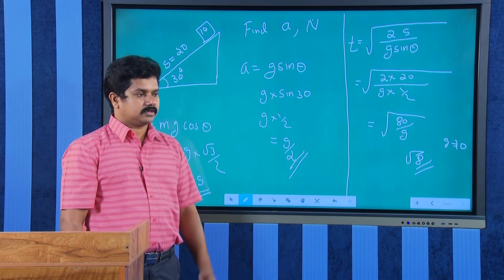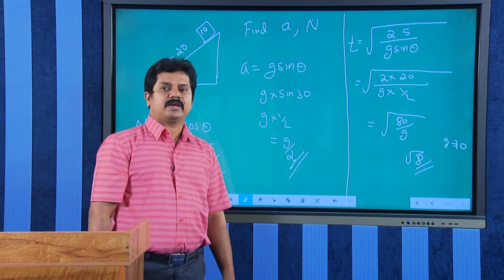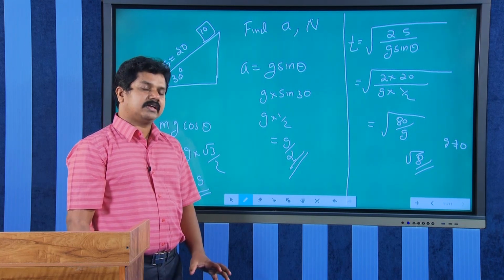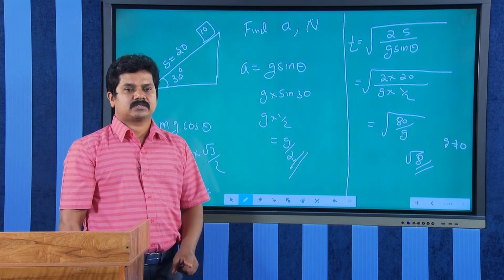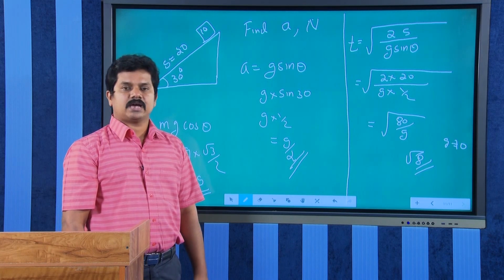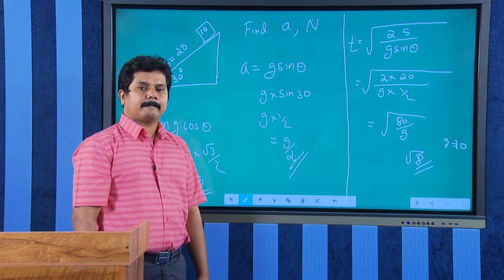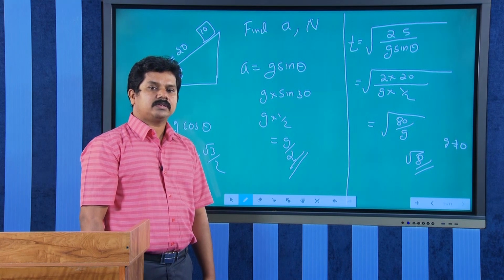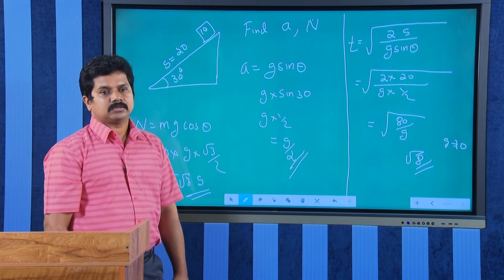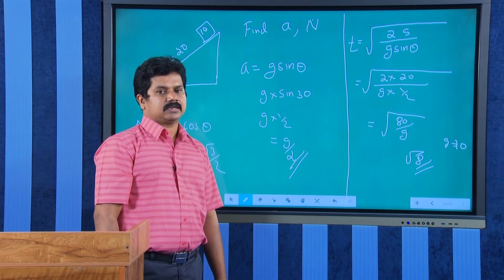And in the case of motion over a pulley, the acceleration is m1 minus m2 by m1 plus m2 into g, that is, difference in mass by total mass into g. And the tension is 2 m1 m2 by m1 plus m2 into g.